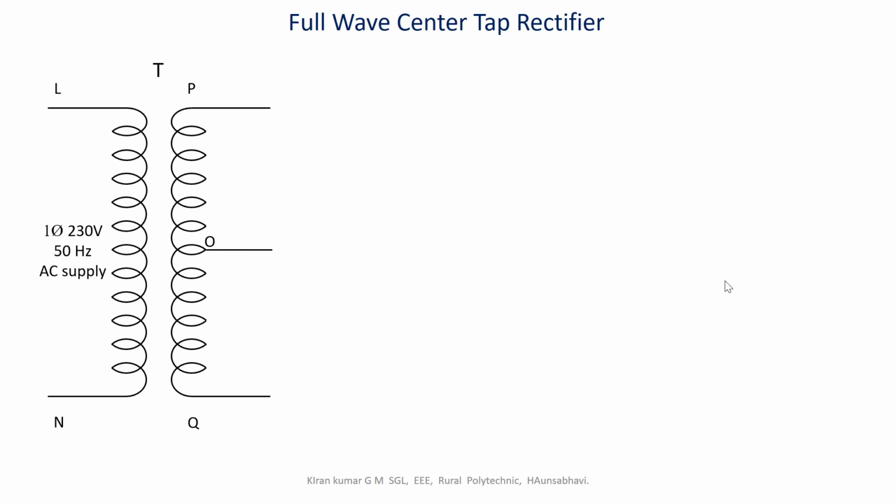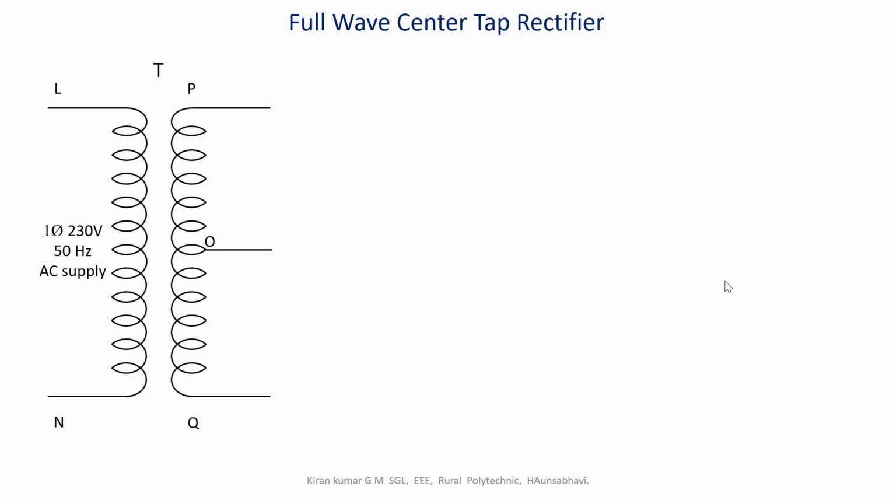Meaning, if the upper half of the secondary of this center tap transformer has positive variations, the lower half of the secondary will have negative variations at the same time.